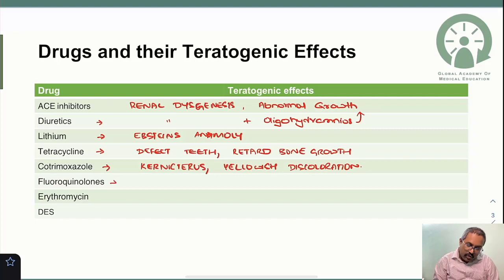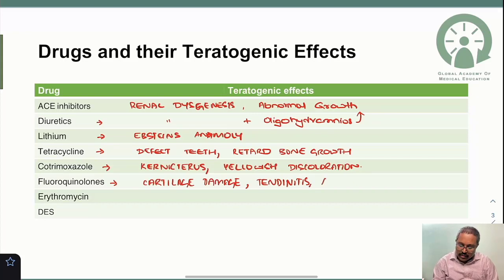So what about the fluoroquinolones? Fluoroquinolones are known to cause teratogenic effects like cartilage damage. They are also known to cause tendinitis, and they are also known to cause arthropathy.